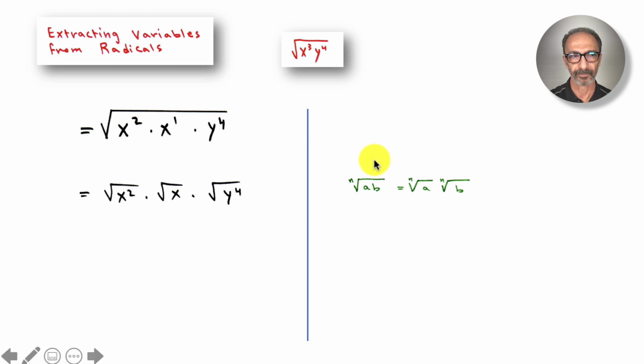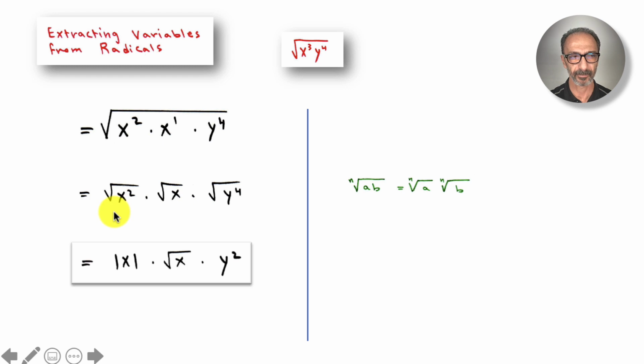Next, split them because of this rule. The first one is obvious for us now, which is absolute value of x. Square root of x, square root of y to the 4, which we saw earlier as y to the second. We're done.